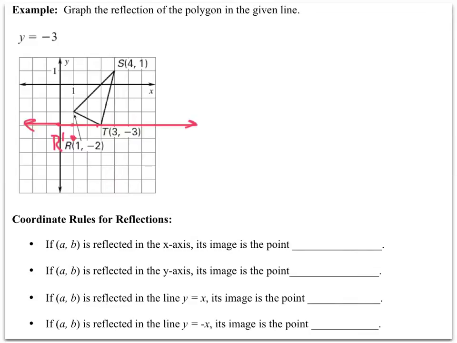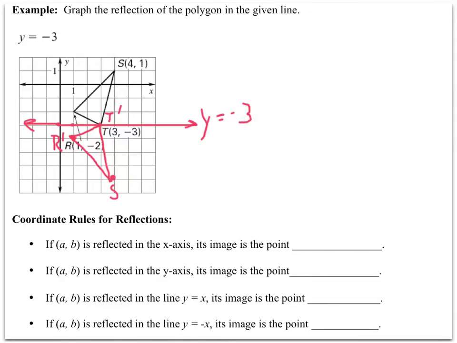And I can plot my point here, and label that S prime. And then finally, T lies directly on the mirror, or the line of reflection in this case, so T and T prime are at the same position. I can now connect my figure. And as you can see here, it is a mirror image of what we started with. So the pre-image and image are just reflections across this line, y equals -3.